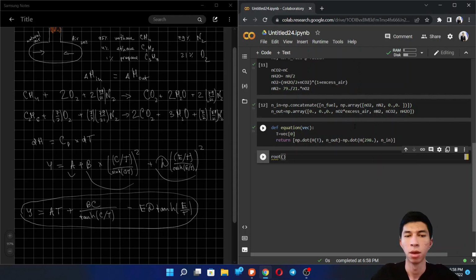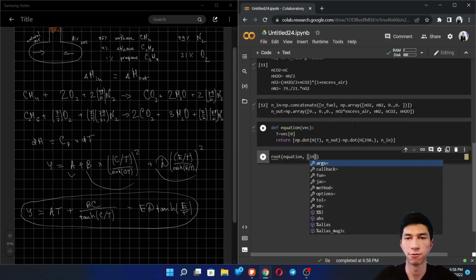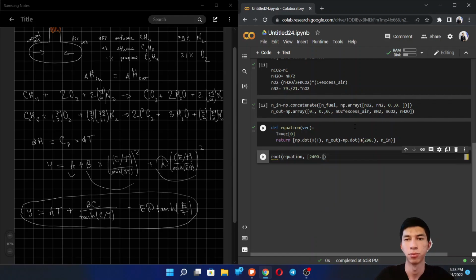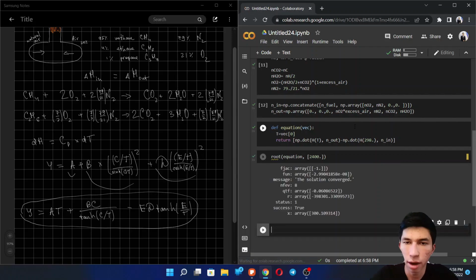Our root solver from SciPy Optimize should take the function equation, right? And we should provide the initial guess. Let's say our initial guess is 2400 degrees Kelvin. Let's try to run it.